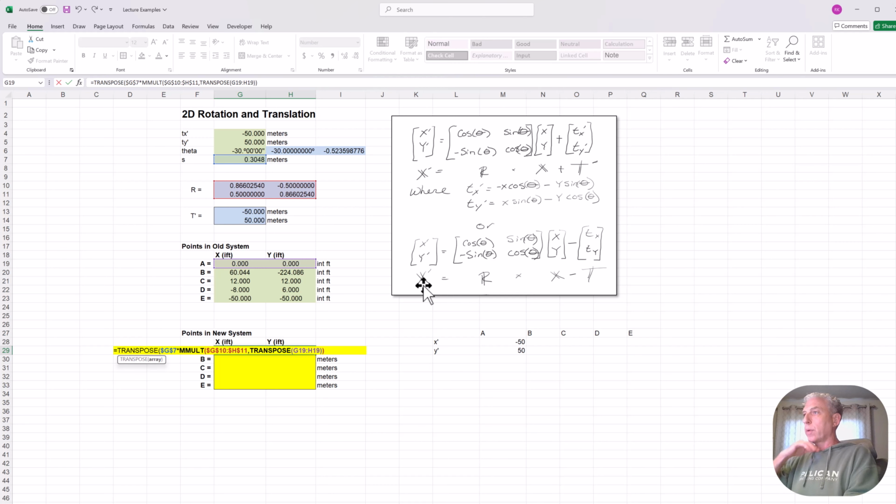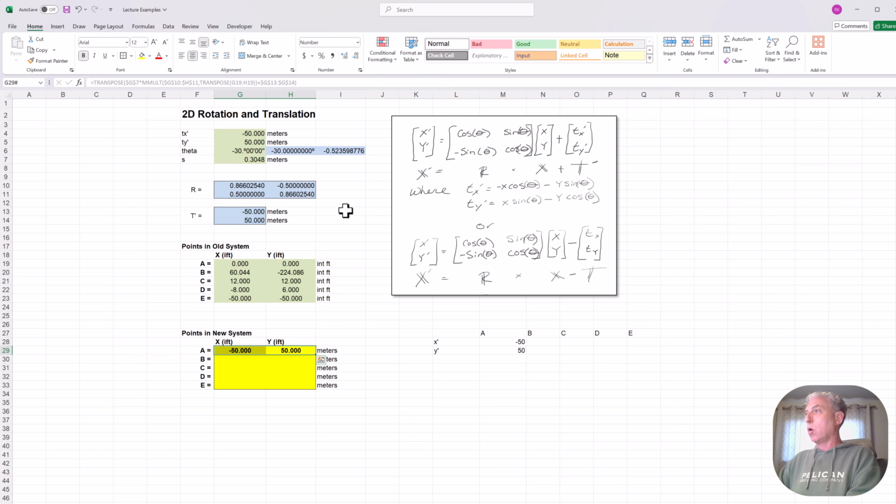And close all my parentheses for the multiplication. And then I'm going to add my translation vector, which I want to be absolute. And then I close, and hopefully, there we go.